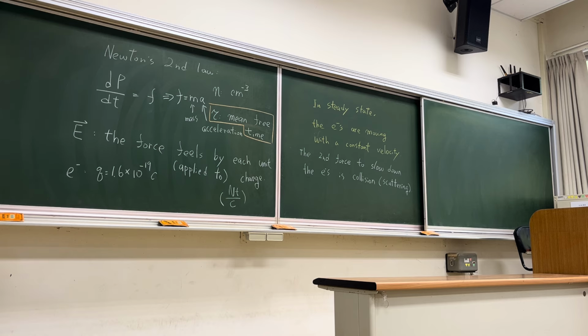So it is called free. When you have some collision, it's not free because you change the traveling direction or velocity because of a certain force applied to you. So between two consecutive collisions, the electron will be accelerated for a certain time. This certain time, on average, is called tau, the mean free time.